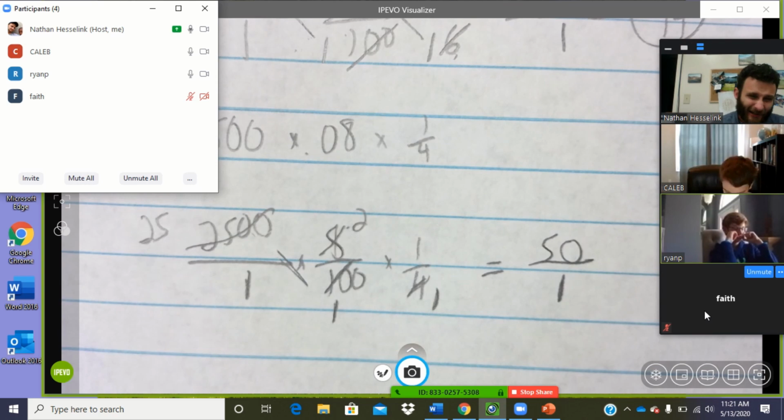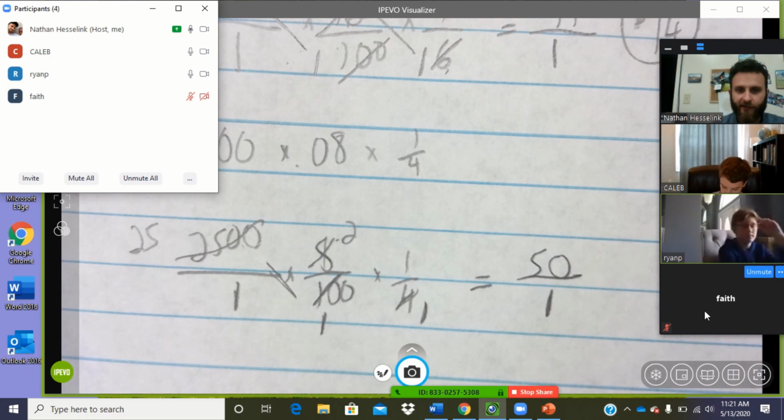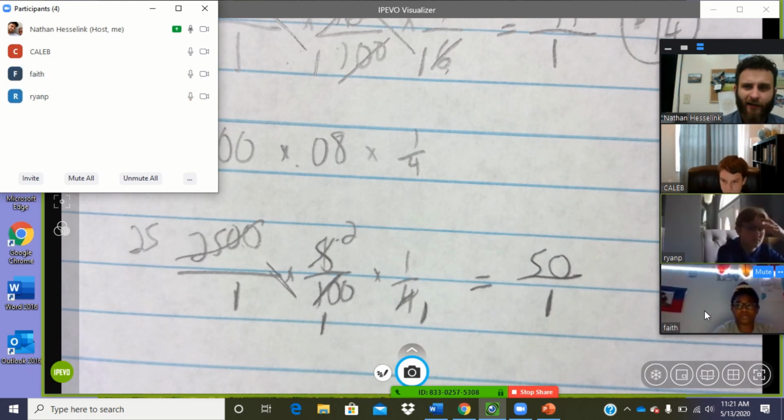Way easier, okay? You don't have to do it that way if it messes with your mind. You could do, like I think Ryan or Joshua said, 0.25 times 0.08 times 2,500, okay? But if you make them all fractions and do simplification by diagonals, I prefer that way mentally, but I like fractions, they don't bother me, okay? So are there any questions on that?